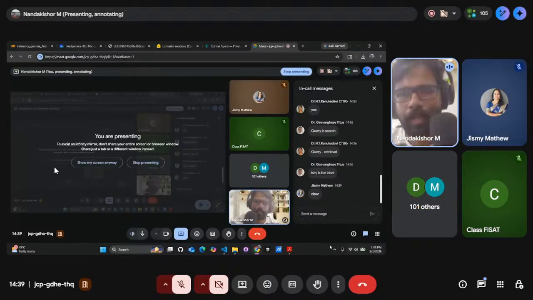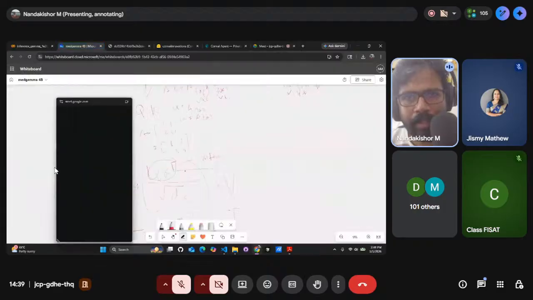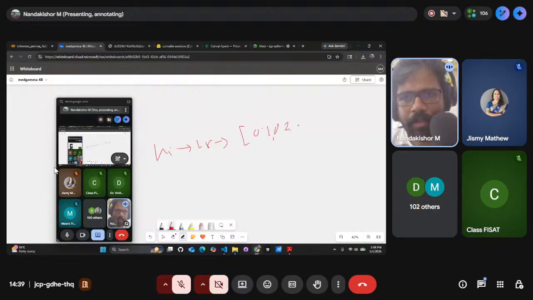Okay, so let me go to the next part. I know it's a bit boring, right? So we have a softmax here. You have this self-attention output here. Then the embedding layer, 0.1, 0.2, 0.3 with dimension 3.